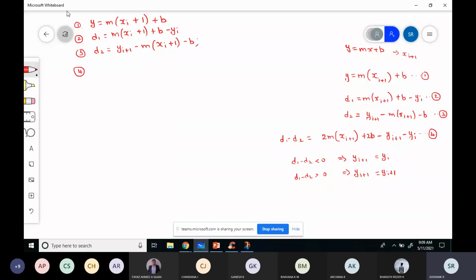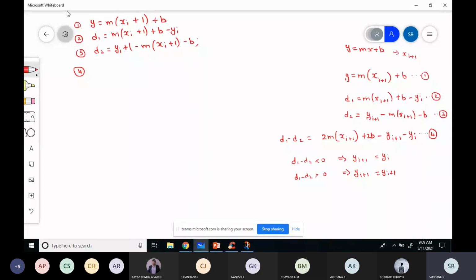Now for the difference, I'll just directly simplify. Here also you could have simplified as yi plus 1.